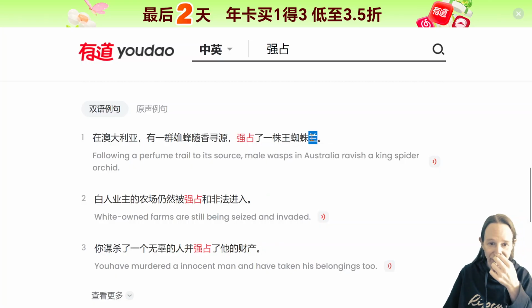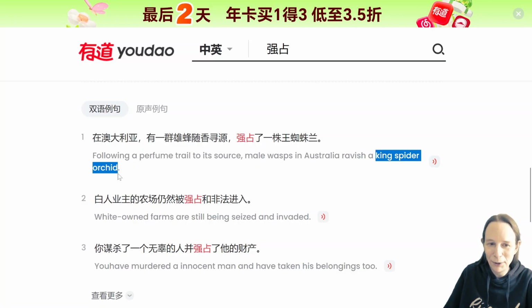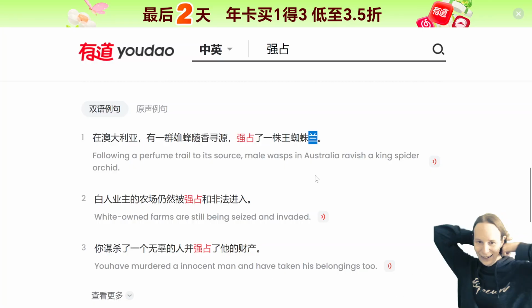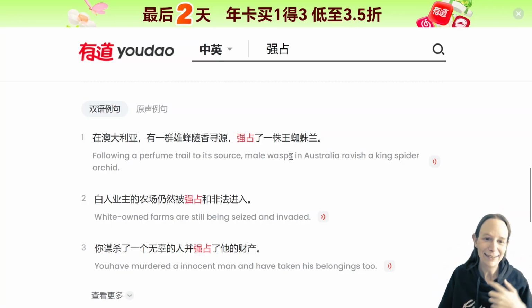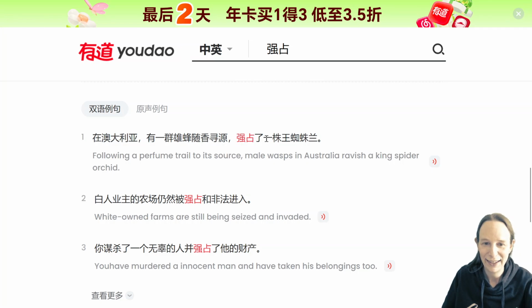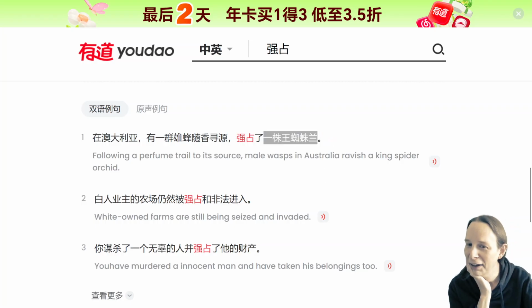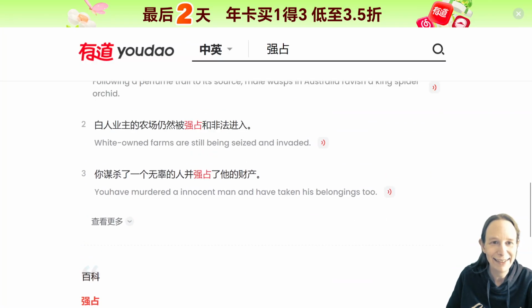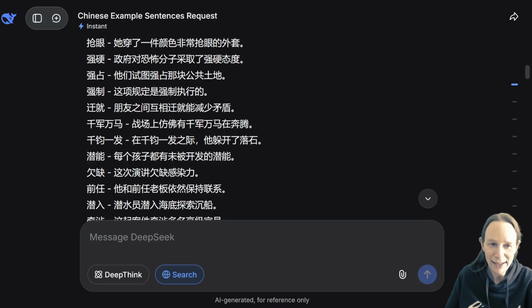No, this is a flower. Yeah, king spider orchid. So king spider orchid, all right, the name of a flower. 兰花 is orchid. Anyway, why are we using seizing by force for a flower or the plant? All right, we get the idea. Let's continue.